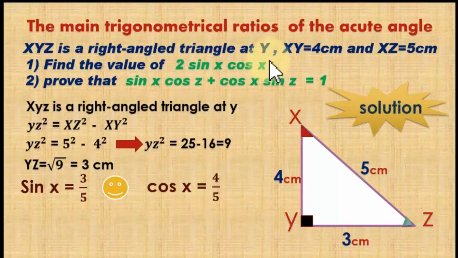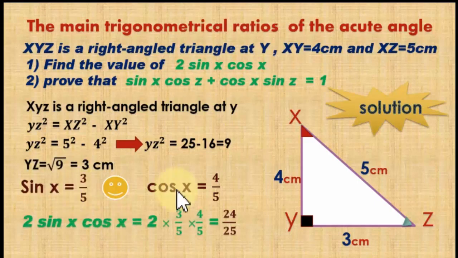Now, if we want to calculate 2 sine x cosine x, we multiply 2 by 3 over 5 by 4 over 5. 2 times 3 equals 6, 6 times 4 equals 24, and don't forget to multiply the denominators. 5 times 5 equals 25, so 2 sine x cosine x equals 24 over 25.